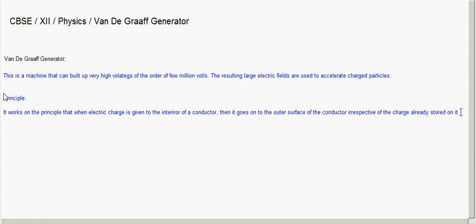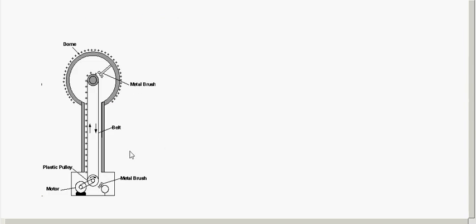Now let us see the construction of this generator. Here is a schematic diagram. This Van de Graaff generator consists of a large spherical conducting shell, which I have marked as dome.